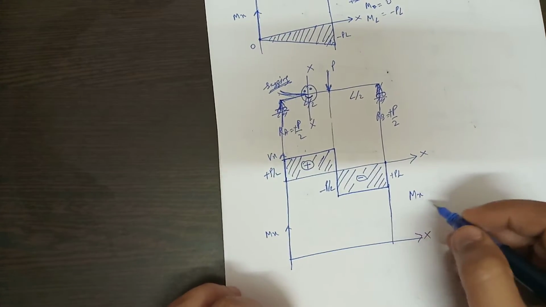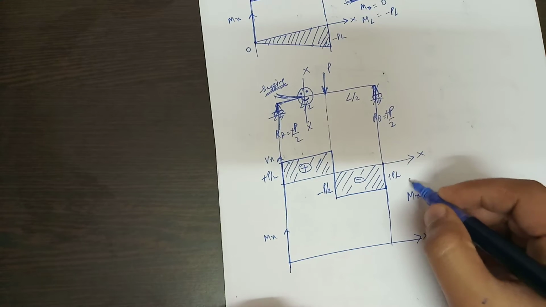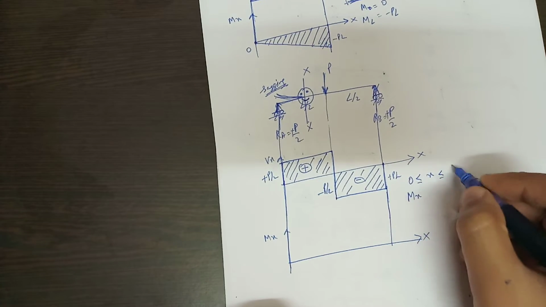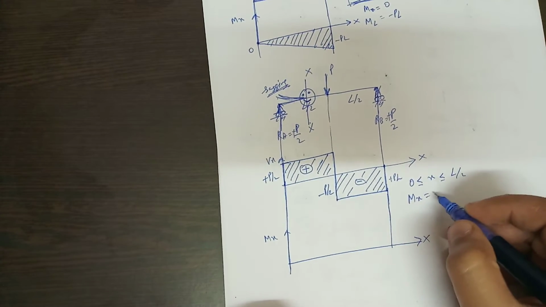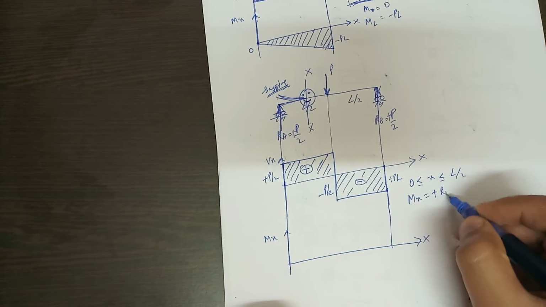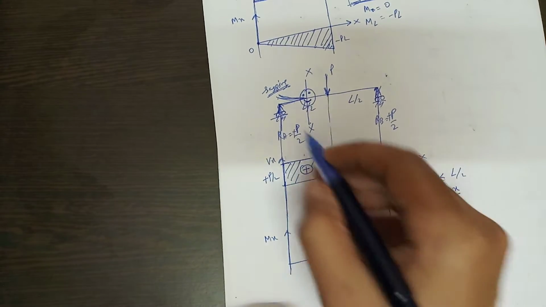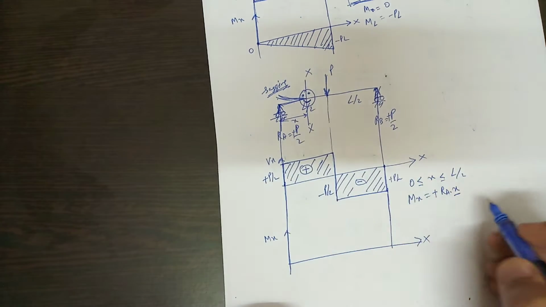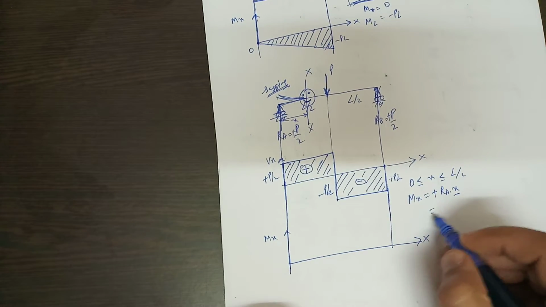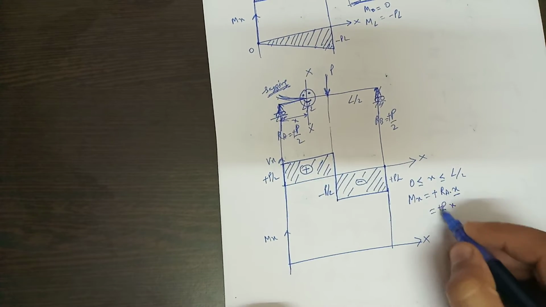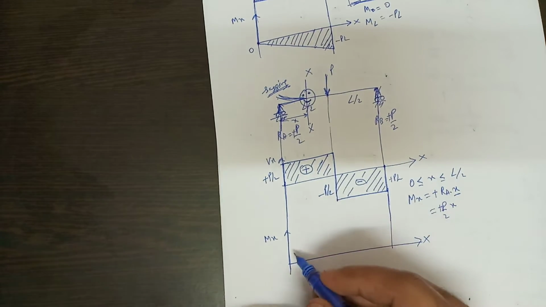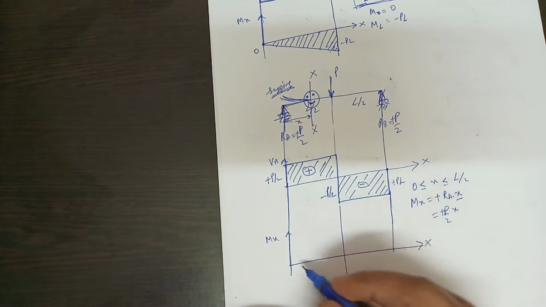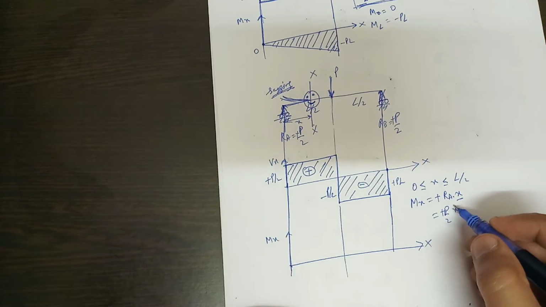So let us write the equation for x from 0 to L by 2. Mx will be plus RA into the distance x. This distance, let us take as x. So Mx will be plus RA into x. RA is P by 2, so plus P by 2 x. At x equal to 0 it is 0. Now it is varying linearly.